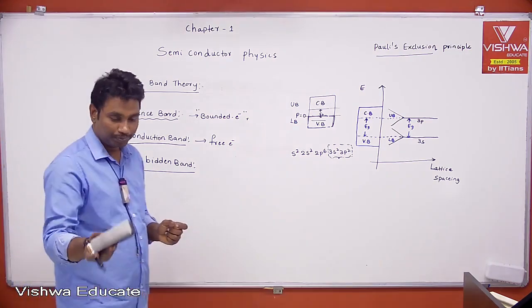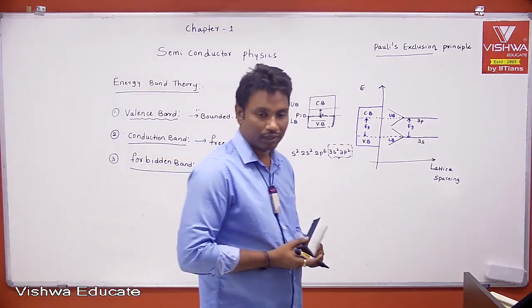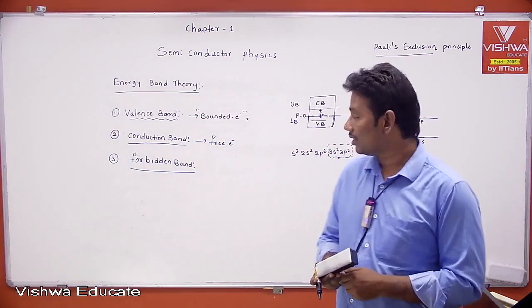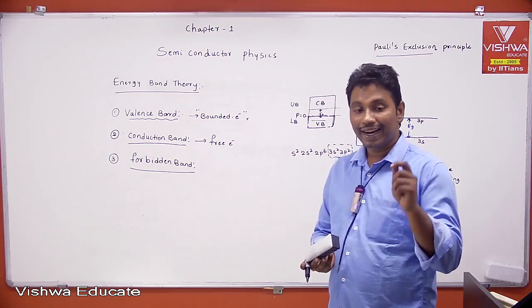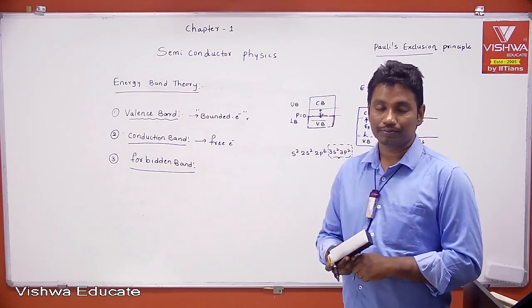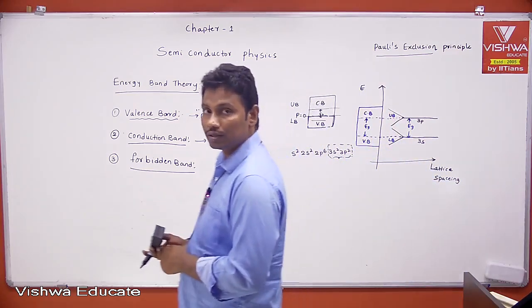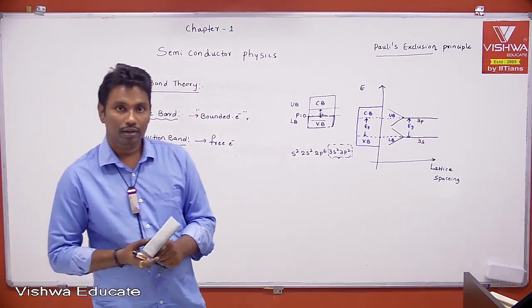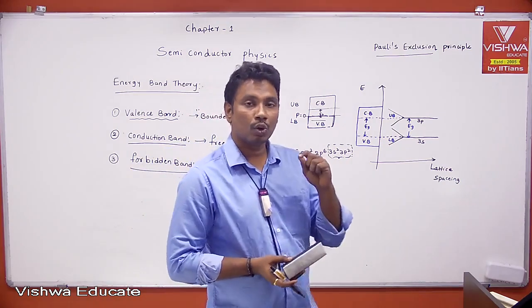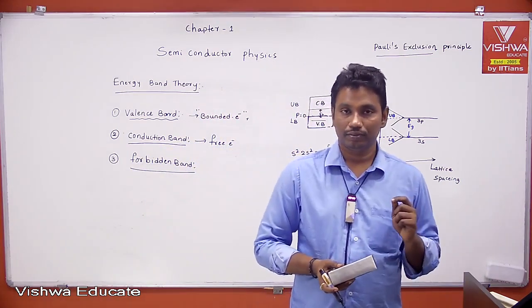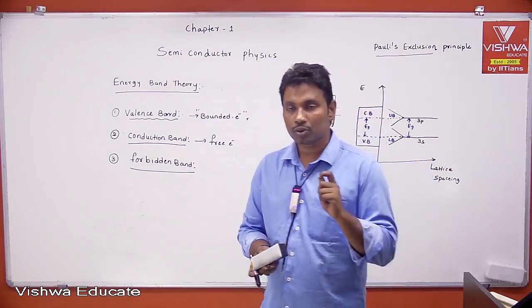Write down the points. The first heading, valence band. Write down: it is a band of energy levels which are closer to the nucleus.